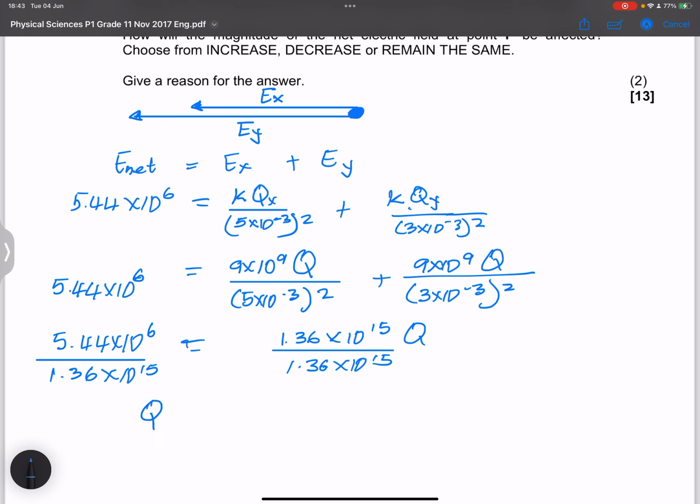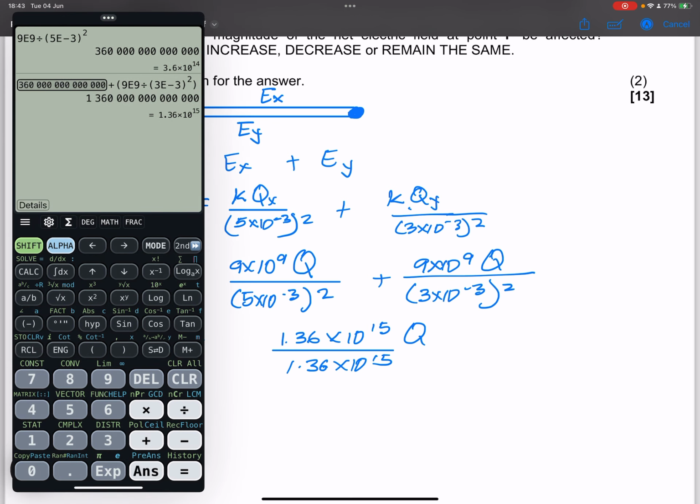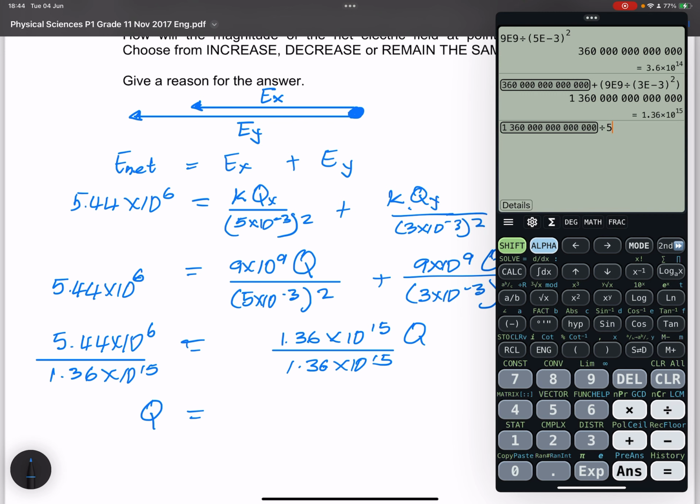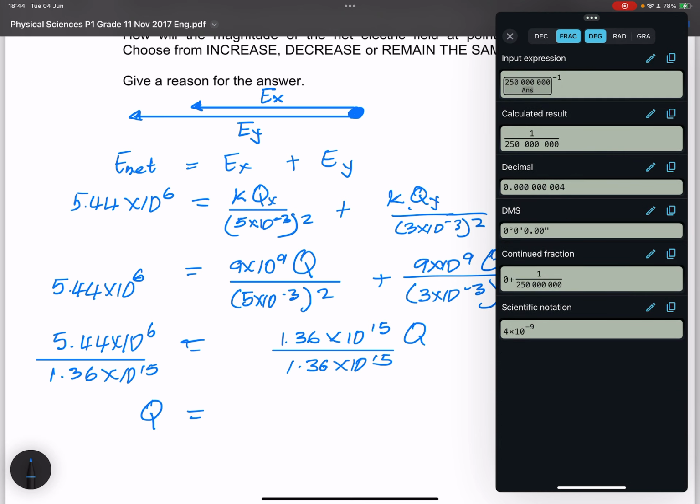And what should be our value for q? So I'm going to take that answer and divide by 5.44 exponent 6, and now I'm just going to simply take the inverse of our answer there. And what does that give us?